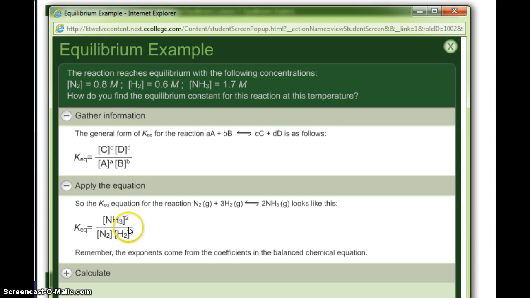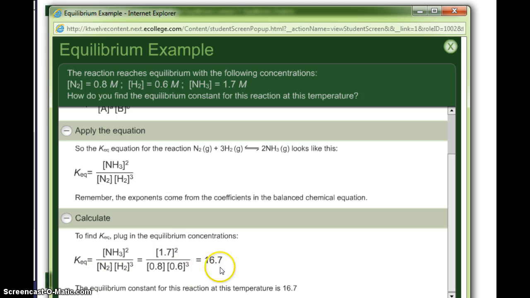Make sure you cube it first and then multiply by the 0.8. So put in the numbers, put it in your calculator, and you should get 16.7. Please put this in your calculator. Make sure you get the right answer. Sometimes people just don't know how to use their calculators correctly and you get it wrong even though you set it up correctly. Alright, so it gives you an answer of 16.7.